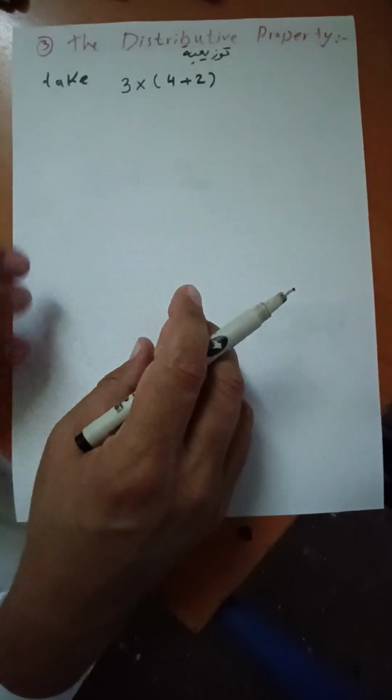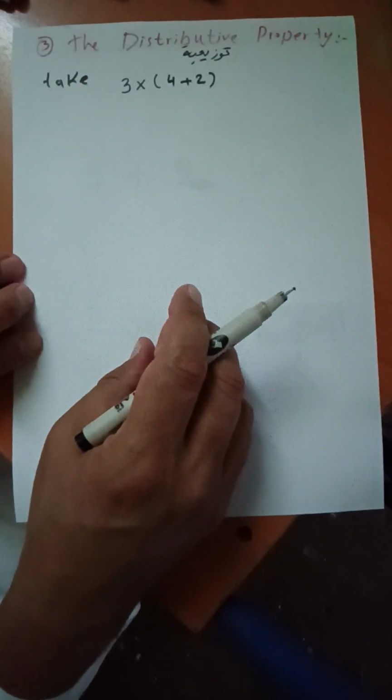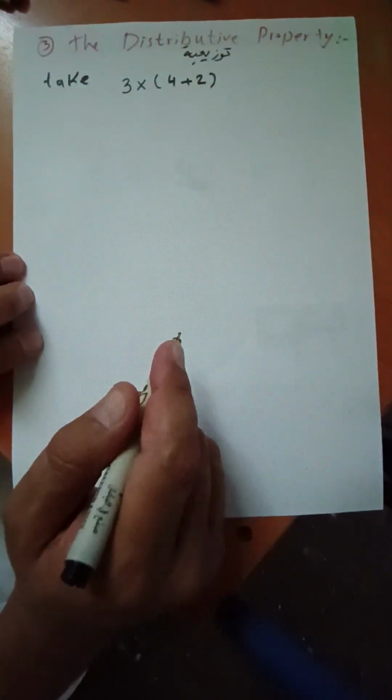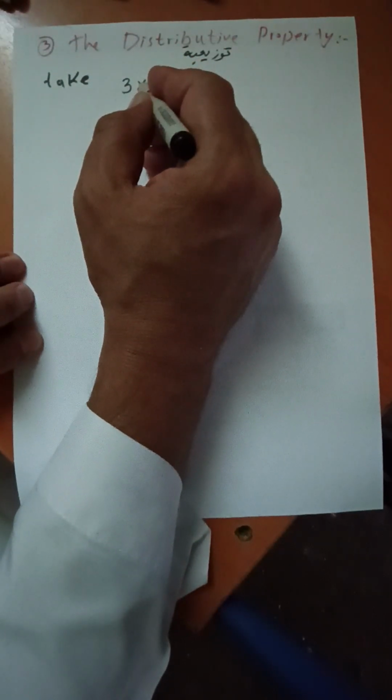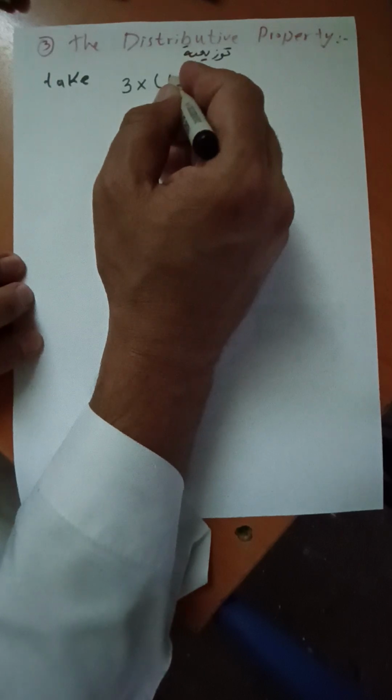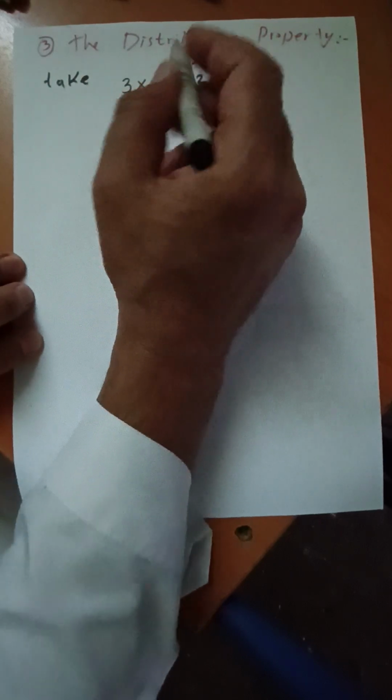What would I do? How would I calculate this operation? Look at me, honey students. I will distribute the multiplication on both sides of this bracket.